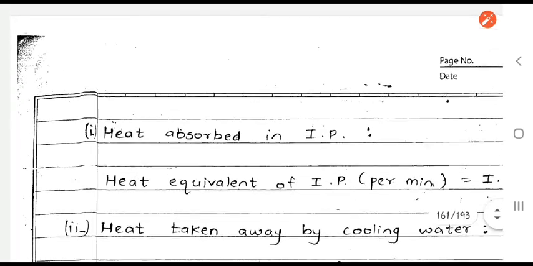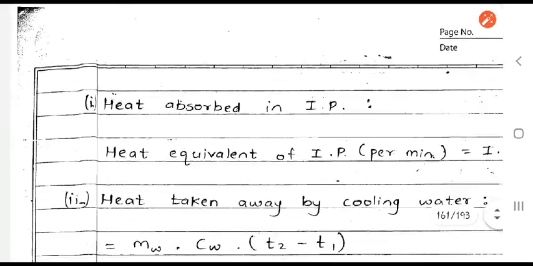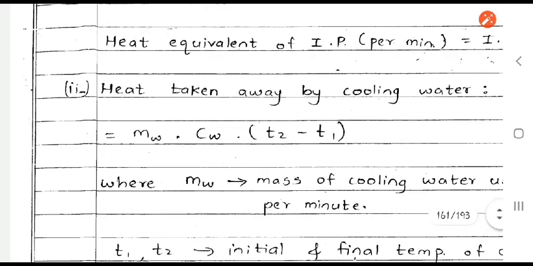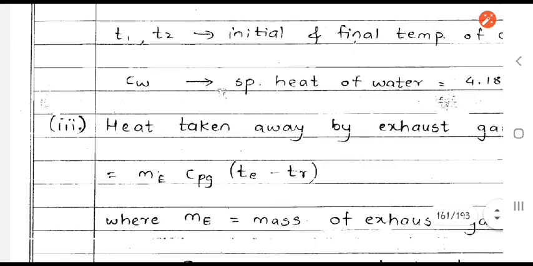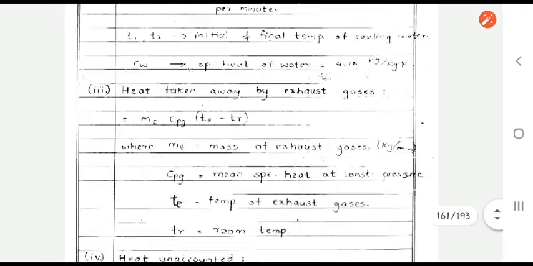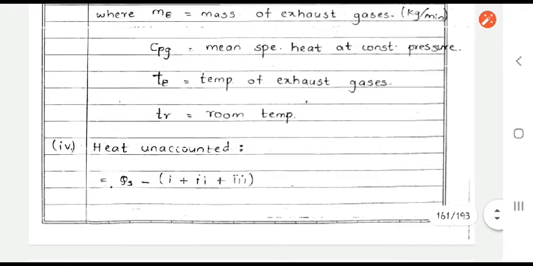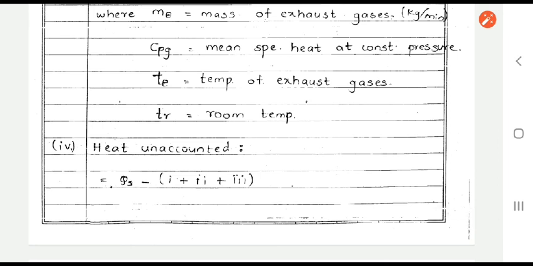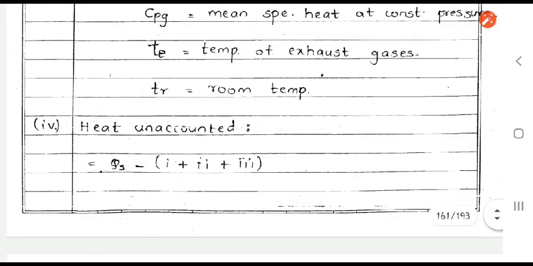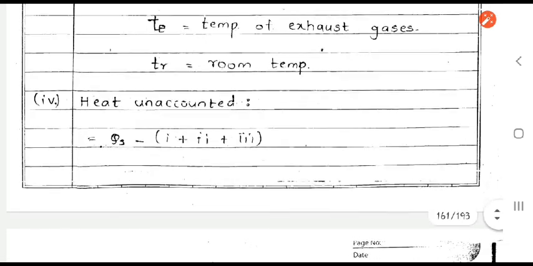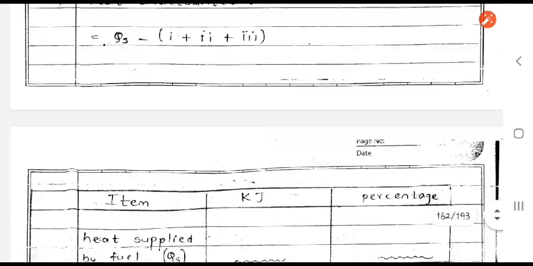As we have seen, the first is the heat absorbed in indicated power, the second is the heat taken away by cooling water, and the third is the heat taken away by exhaust gases. We add these three and subtract the sum from the total heat supplied, that is Qs minus the sum of first, second and third, and this way we get the heat unaccounted.